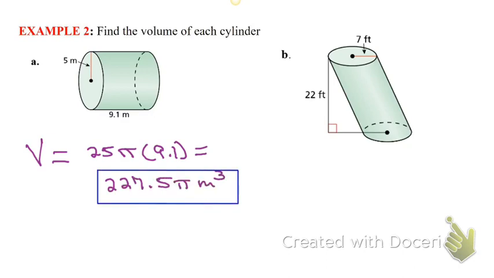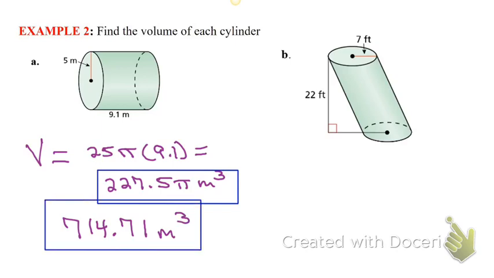That's the exact value answer, leaving pi in the answer. Okay? This would be the 2 decimal place answer. You would take your calculator and multiply 227.5 times pi. So make sure you look on Big Ideas and see which way they want you to answer the question, with pi in your answer or multiply pi out on your calculator.